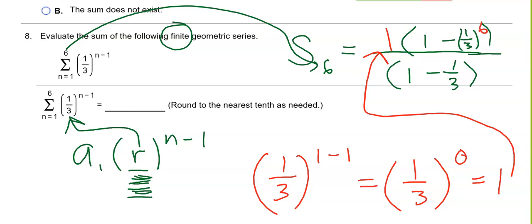And I ended up with 1.497 or 498, 1.498. That would be an acceptable answer. If you went to the nearest tenth, you'd put 1.5. Either one of those answers I'm going to give full credit to.